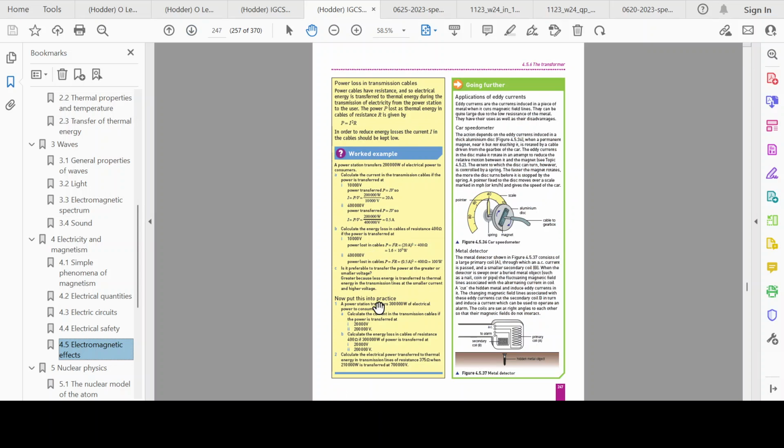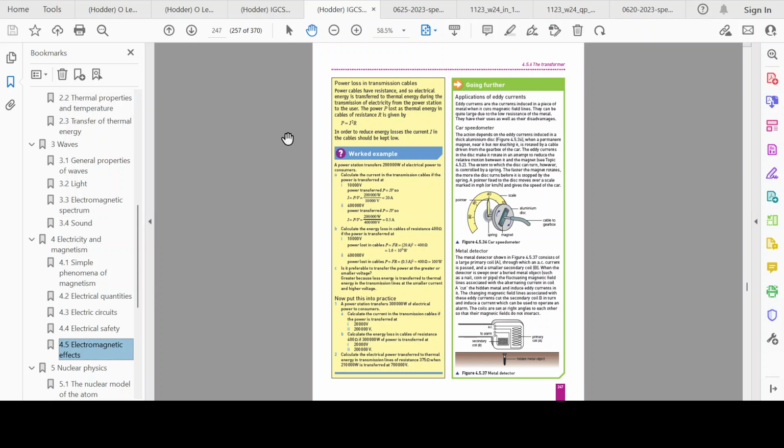So, power loss in transmission cables. Power cables have resistance, and so electrical energy is transferred to thermal energy. P equals VI, and V equals IR, so P equals I squared R. In order to reduce energy loss, the current in the cable should be kept low.